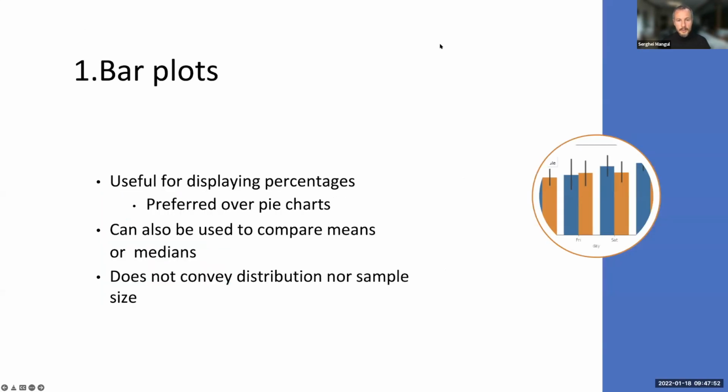Okay, so bar plots, probably the most famous type of plot. One use of it is that we can display percentages, for example when we do the pie chart, this famous diagram. One way not to do a pie chart, especially when you have many, many categories, is that sometimes it's not that readable.